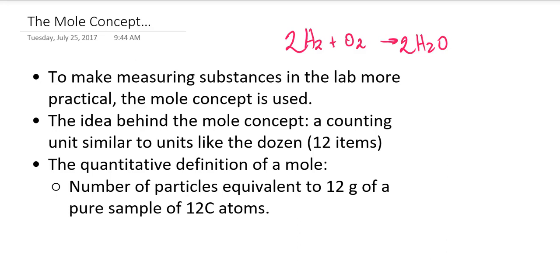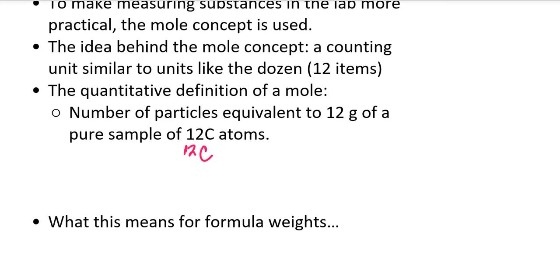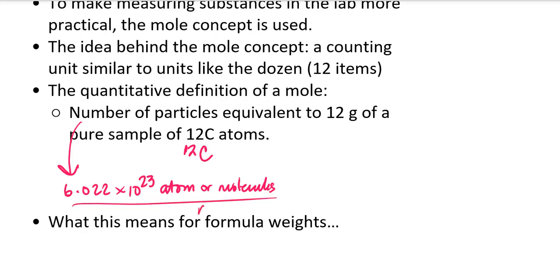The mole is defined as the number of particles equivalent to 12 grams of a pure sample of carbon-12, the isotope, atoms. Through experimental determination, we know that this number of particles is 6.022 times 10 to the 23rd atoms or molecules, depending on whether we're discussing elements or compounds, per mole.